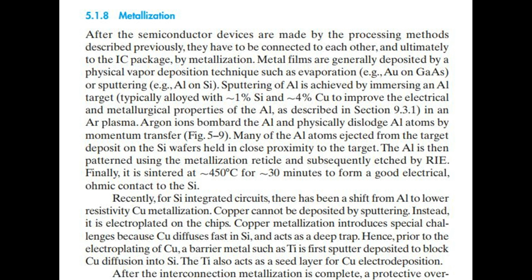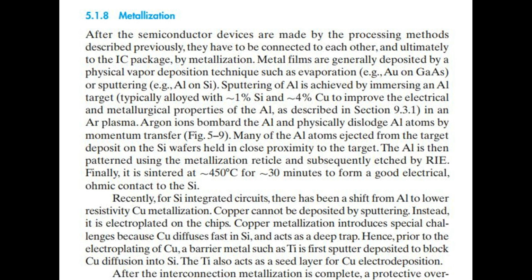Many of the aluminum atoms ejected from the target deposit on the silicon wafers held in close proximity to the target. The aluminum is then patterned using the metallization reticle and subsequently etched by RIE. Finally, it is sintered at 450 degrees Celsius for 30 minutes to form a good electrical, Ohmic contact to the silicon. Recently, for silicon integrated circuits, there has been a shift from aluminum to lower resistivity copper metallization.